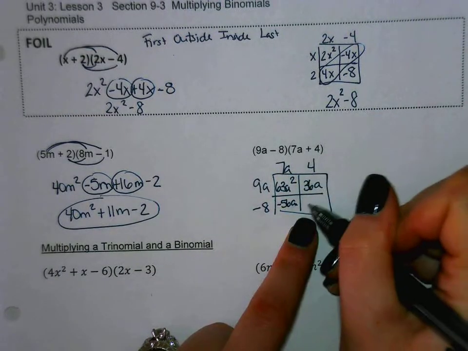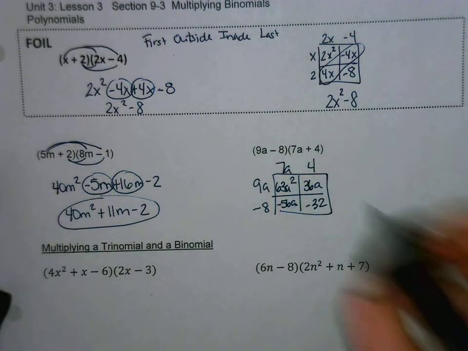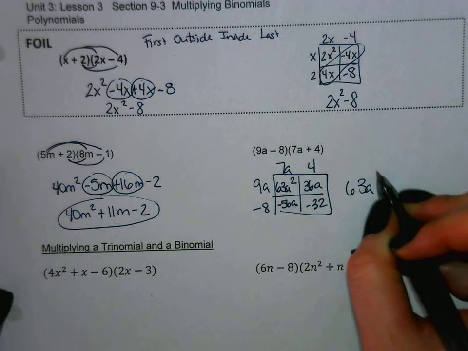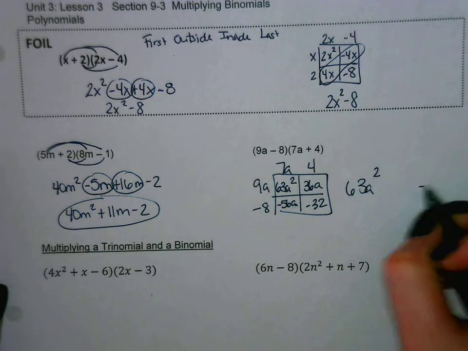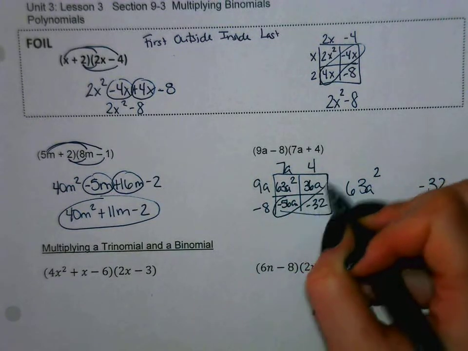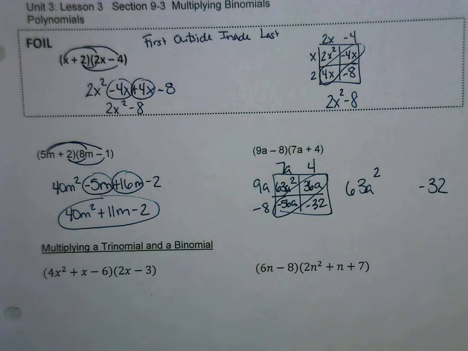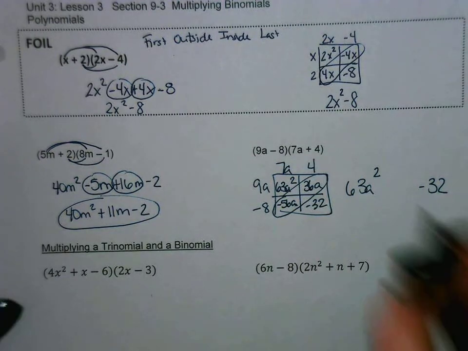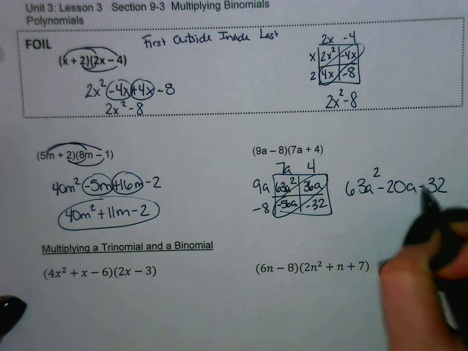And -8 times 4 is -32. So we know 63a squared and -32 have no like terms, but our like terms are -56a and 36a. So if we have -56 and a positive 36, those combine together to be -20a.